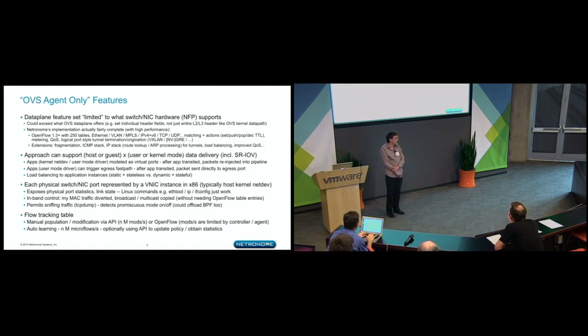Whereas with OVS, promiscuous mode is always on its netdevs. So therefore, you can't really use that to detect if people are connecting a sniffer. The flow tracking table can be connected to this as well. Probably said enough about it already in the introduction.